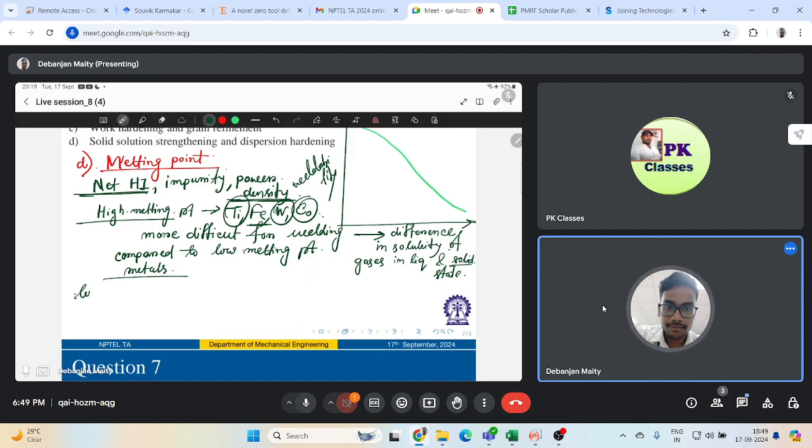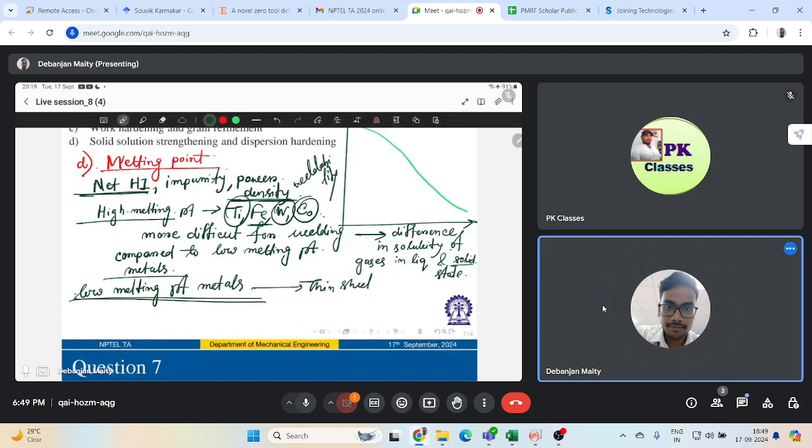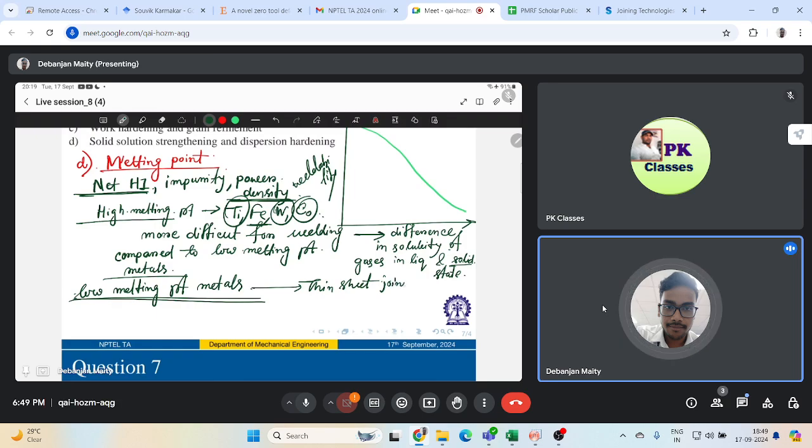For low melting point metals, if you are welding some thin section, thin sheet joining will be much more difficult.